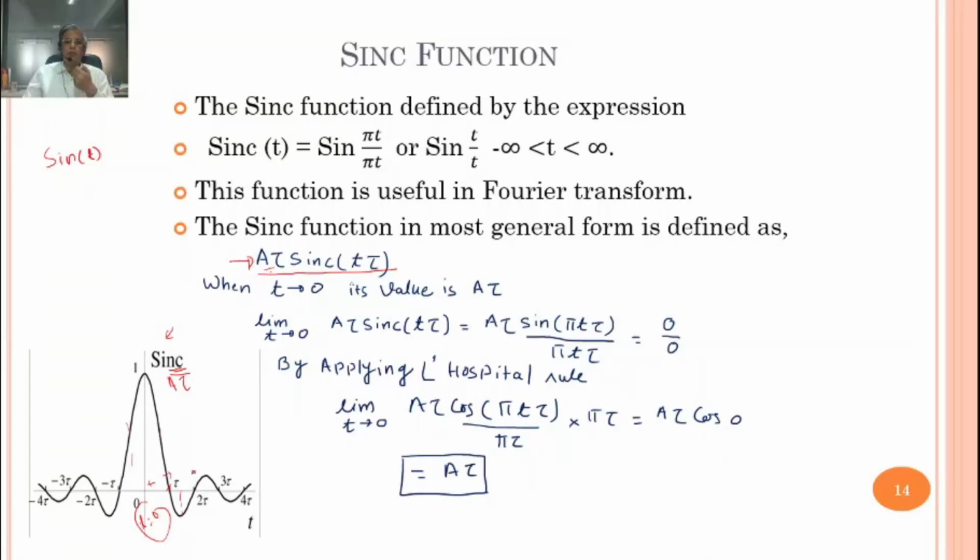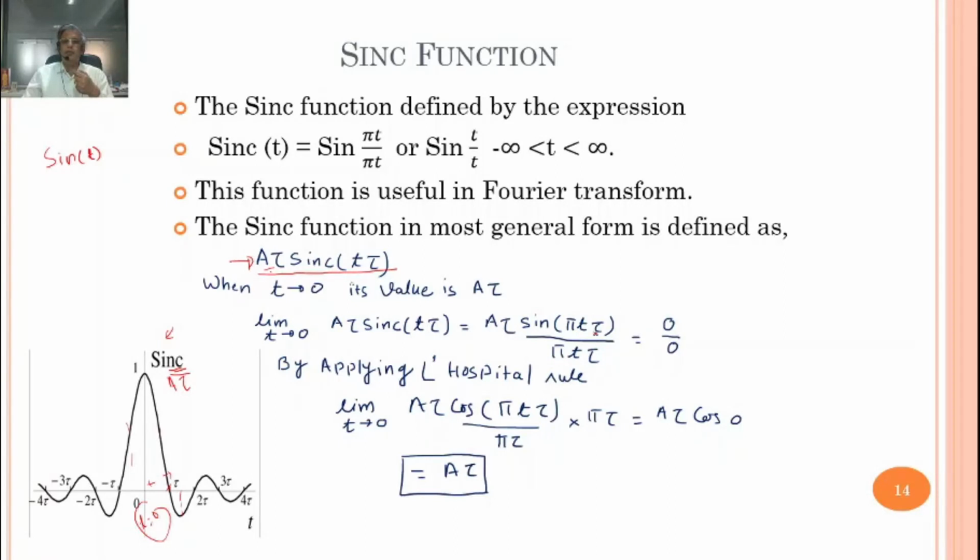Now at t equal to 0, as we know the sinc function is sine pi t tau divided by pi t tau, and if we substitute t equal to 0, then sine 0 is 0 divided by 0, means this is 0 by 0, an indeterminate form. Hence we cannot find the value of this function at t equal to 0 directly. Hence we will use L'Hospital's rule, that is, differentiate the numerator, differentiate the denominator, and take the limit t tends to 0.